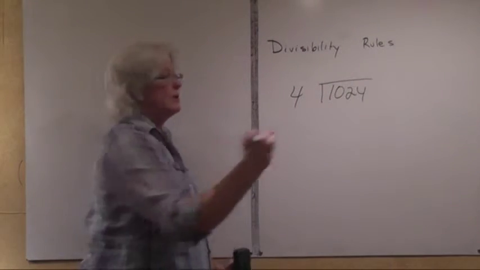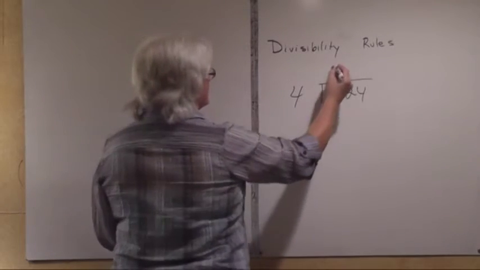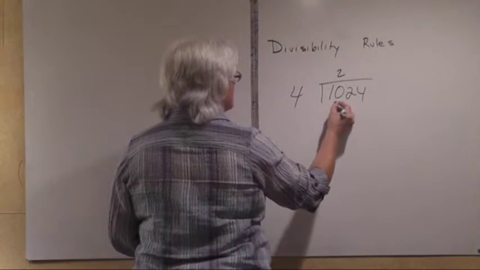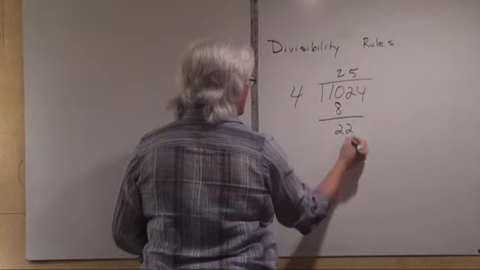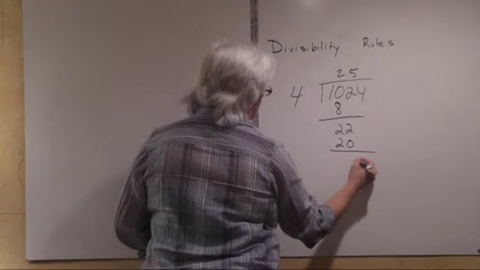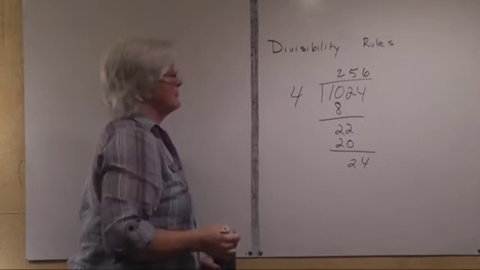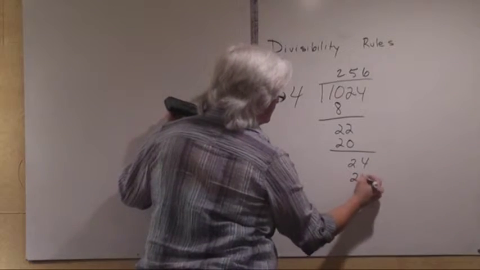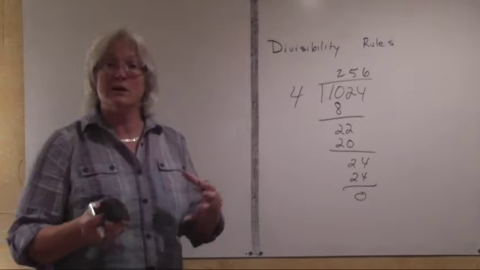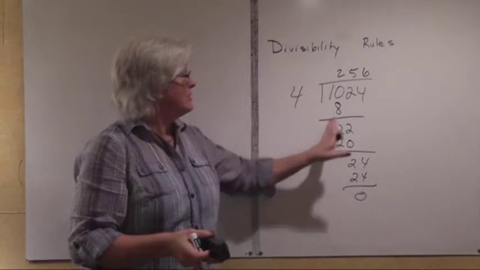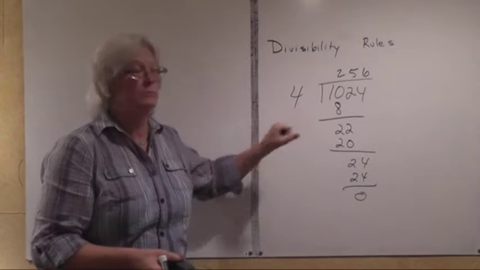I'm saying because the last 2 digits you can divide by 4. 4 goes into 10 2 times. Bring down the 2. 4 times 5 is 20. Subtract and bring down the 4. 4 times 6 is 24, and there is no remainder. So 1,024 is divisible by 4.